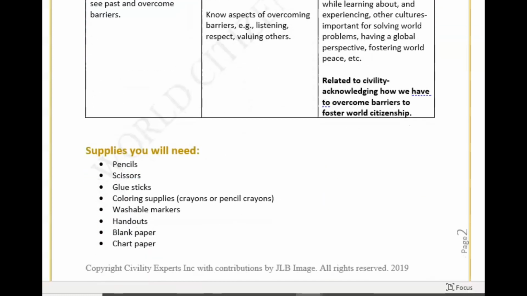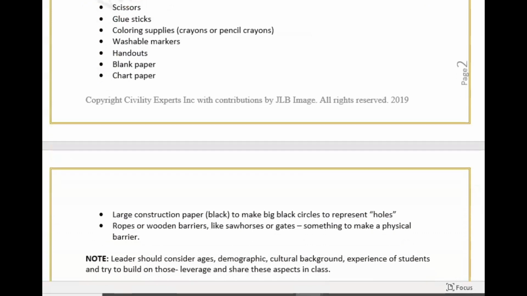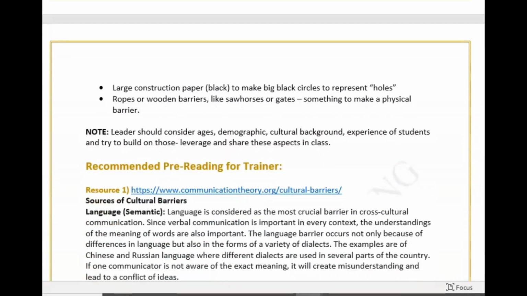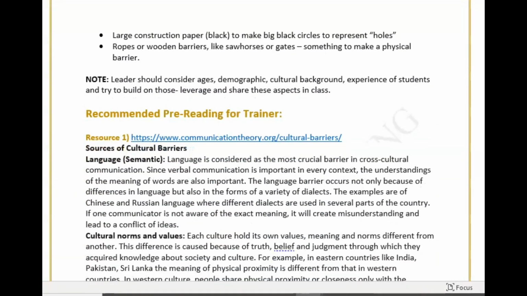So, as we carry on through the lesson, and I presume most of you have seen some of these other World Citizen lessons, they are all written in exactly the same way. They have a little timetable, recommended pre-reading and resources for the trainer.